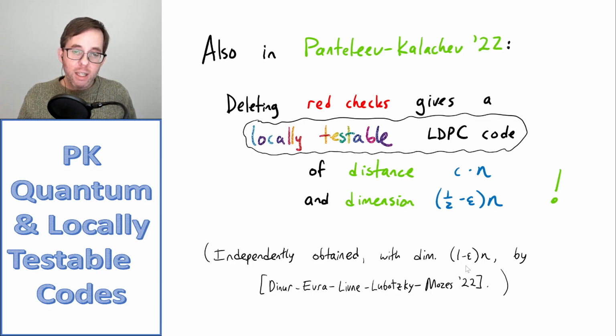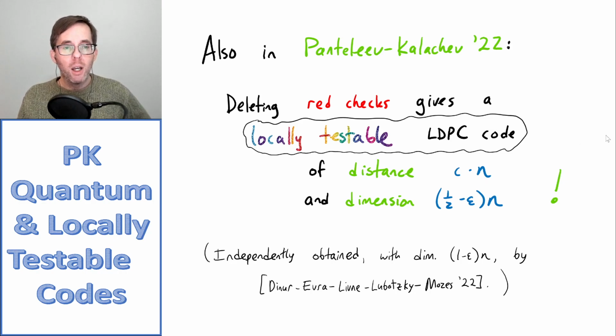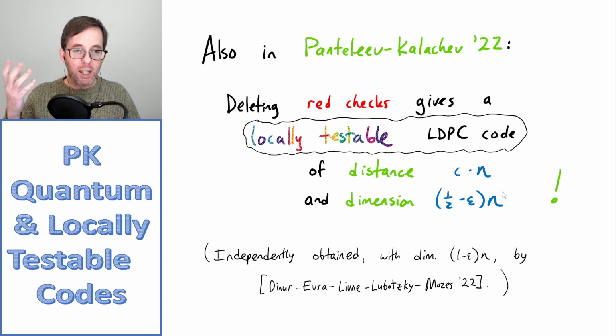And actually theirs has even, in some sense, slightly better parameters because they can get their dimension almost 1 times n. But even getting dimension 0.00001 times n would be an extraordinary achievement. So it's pretty impressive that both of these groups got actual explicit constants.